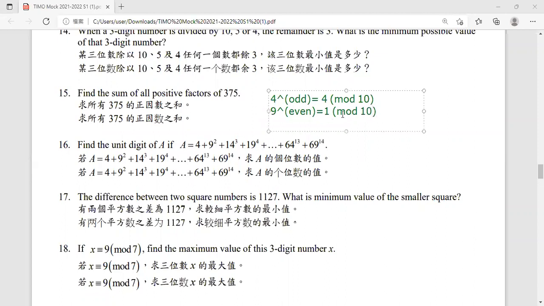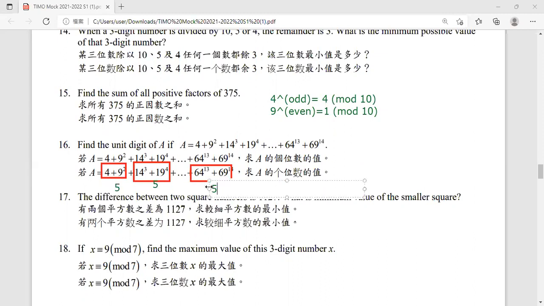Okay, so you add them all up. So for this one, we'll have an ending of 5 here. This is 5. This is another 5. We pair them up, you can get all 5's here. How many pairs of 5 here?